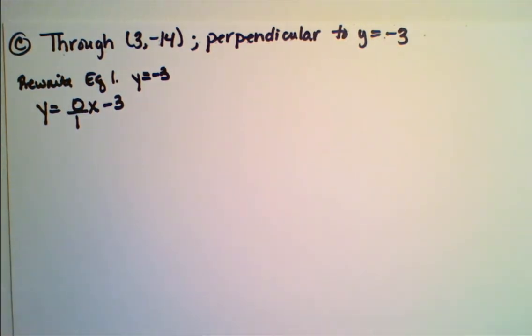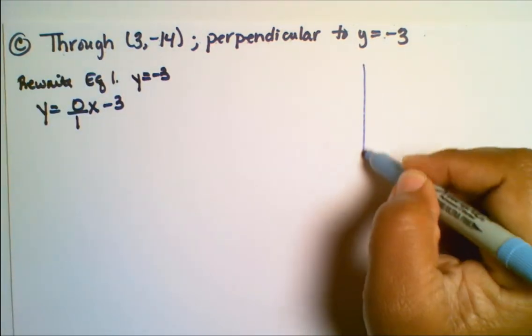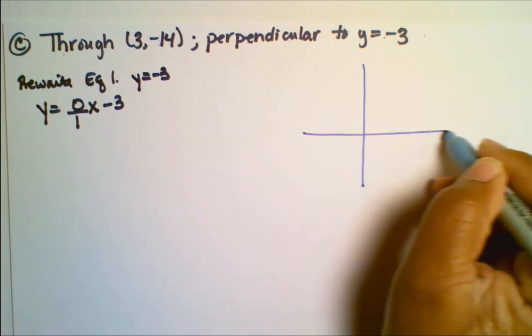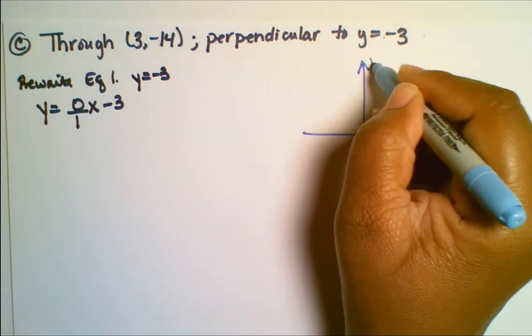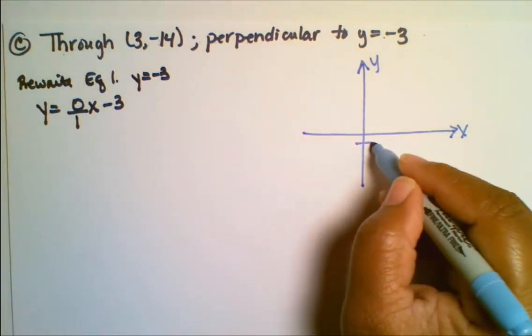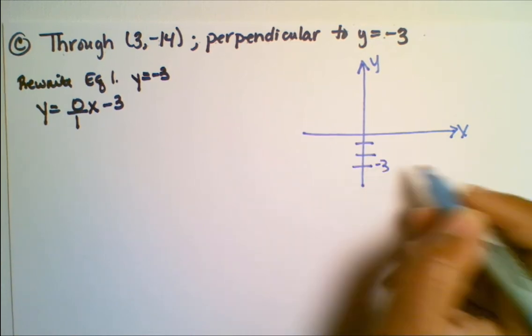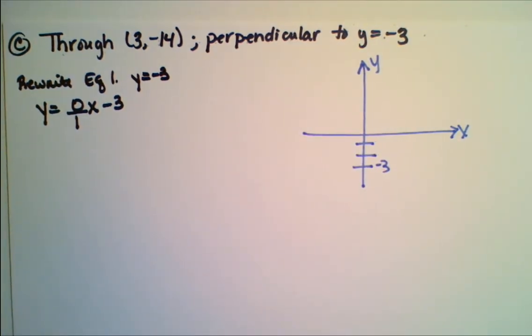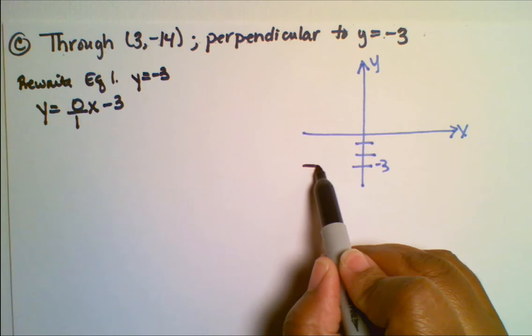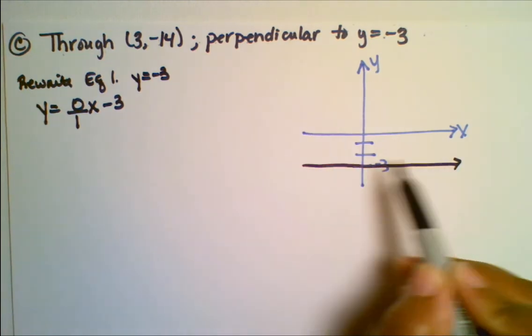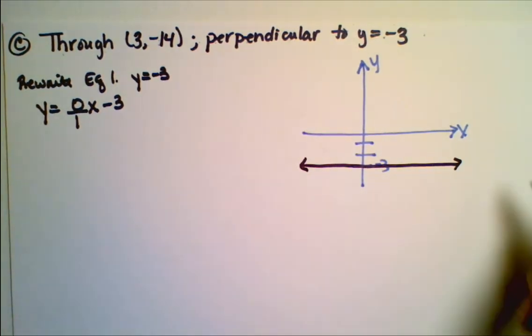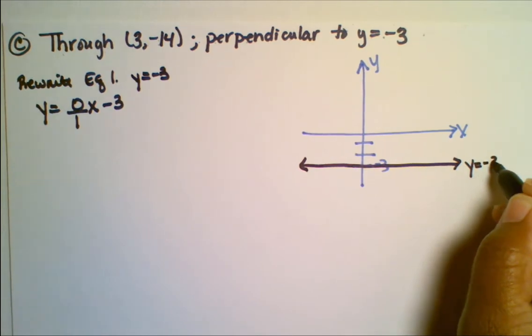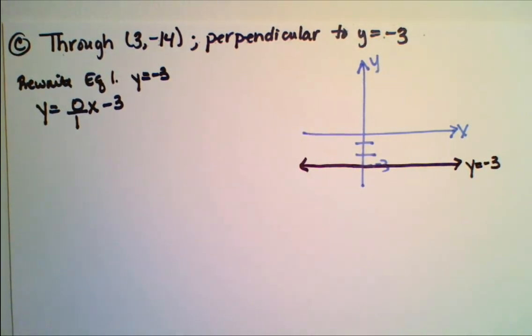Let's go ahead and draw this out visually for a second so that you can see it. y = -3 is a line parallel to the x-axis at -3.